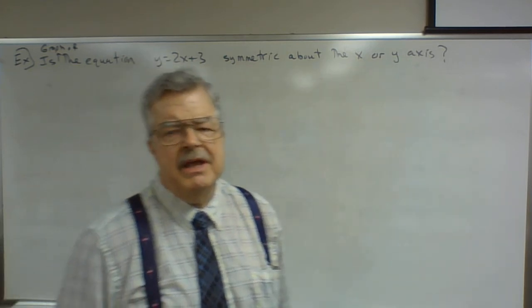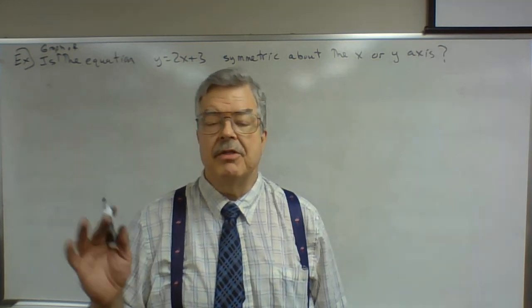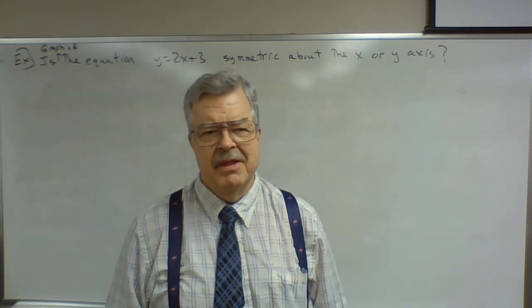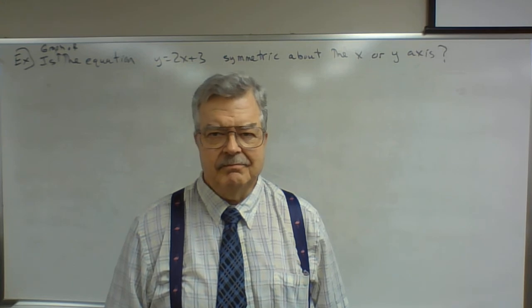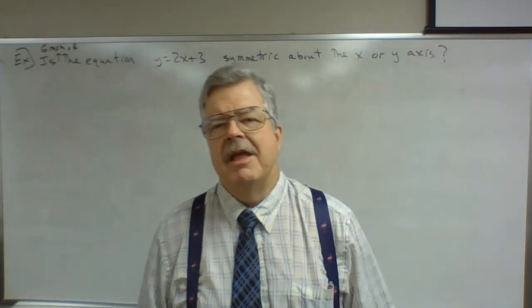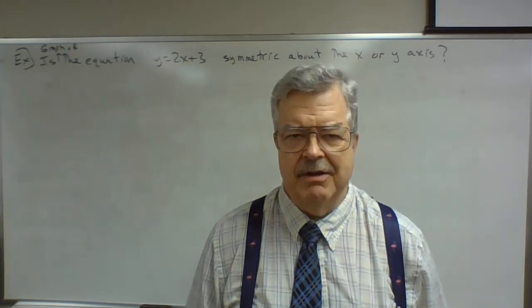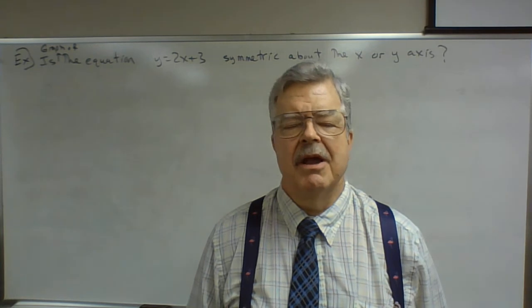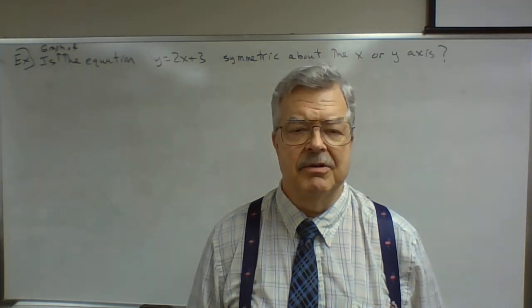There are a couple of ways that we can go about doing this. One thing that we could do is just plug in values of x and y. If we suspect that the graph is not symmetric with respect to either axis, maybe the way to go is just to plug in a few values of x and y and see what happens.